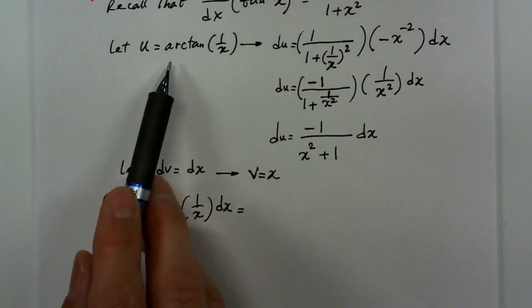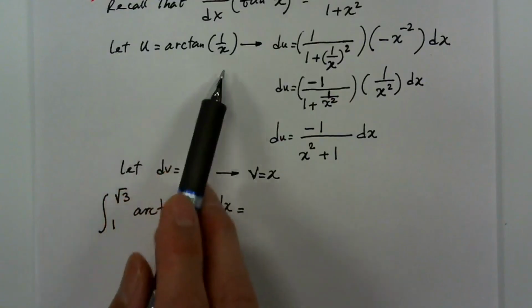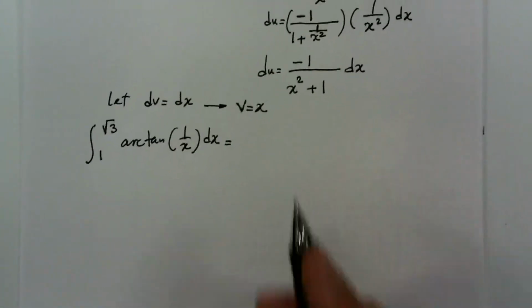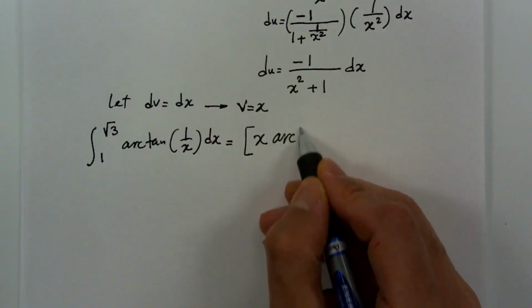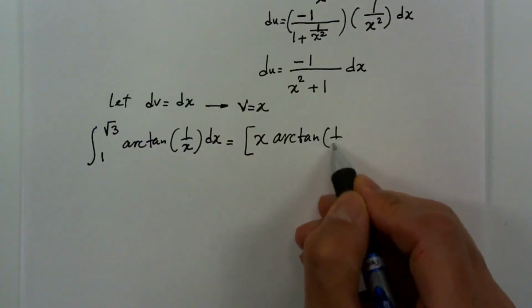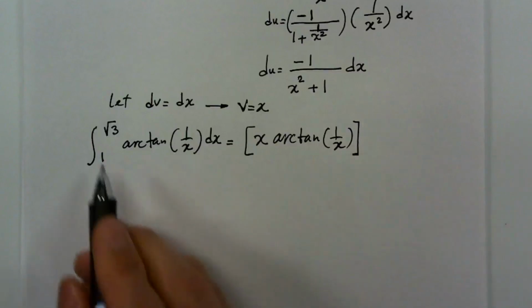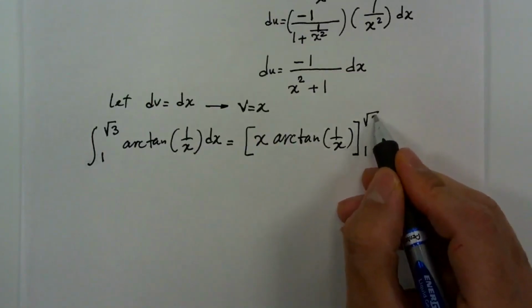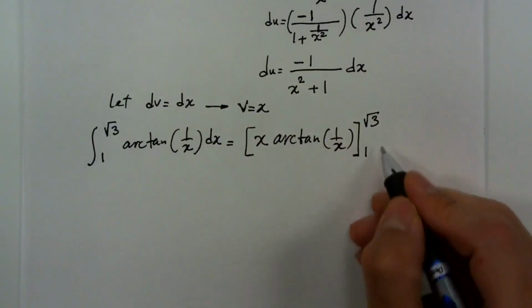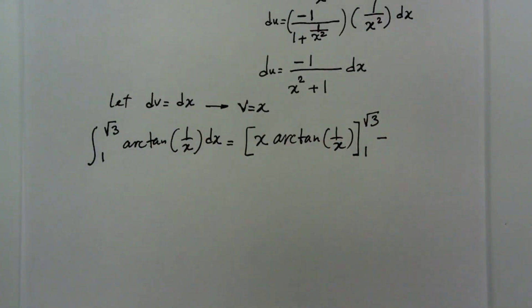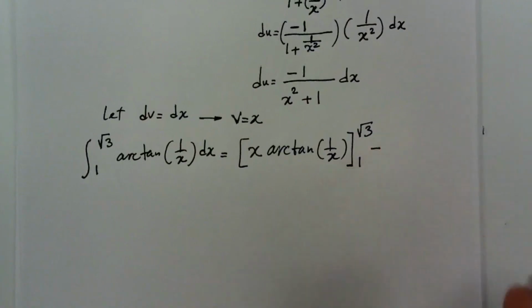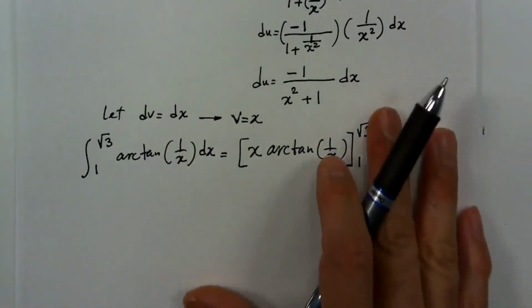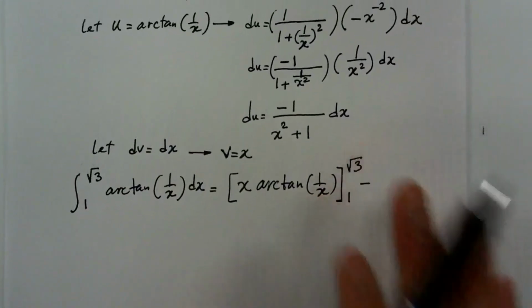So x times arctangent of 1 over x. Of course, this is a definite integral, so it goes from 1 to square root of 3. Then minus v du. v is x, right?